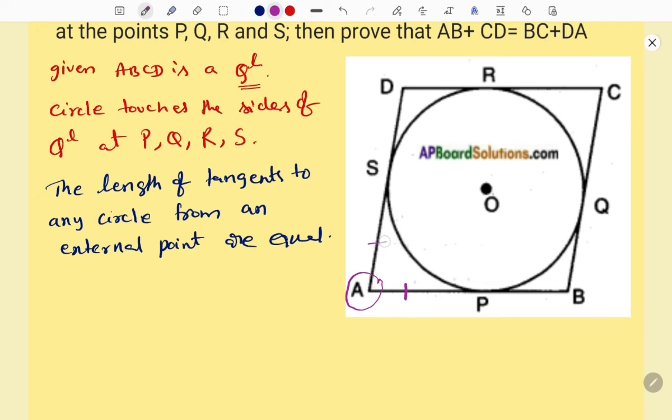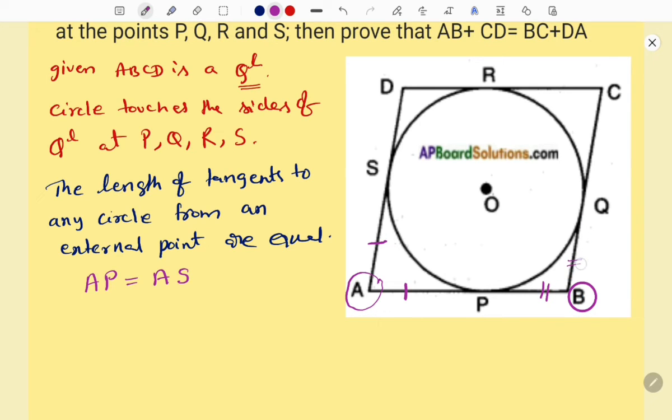AP is equal to AS. Now I take point B. From B, BP is equal to BQ.